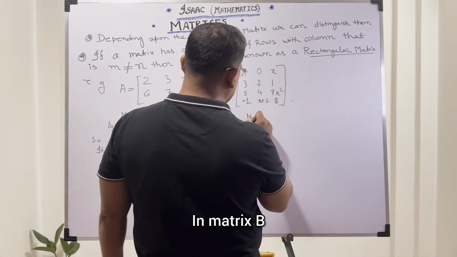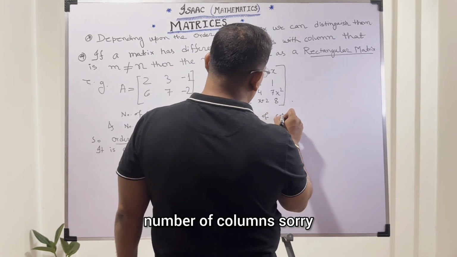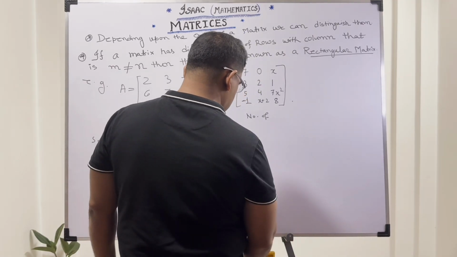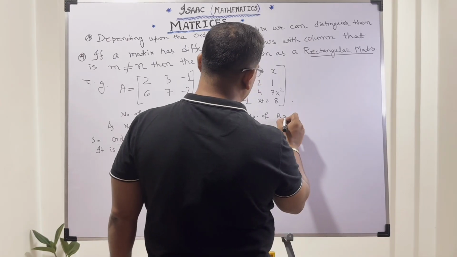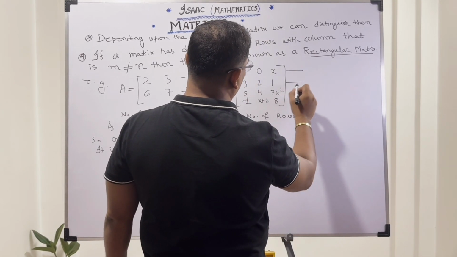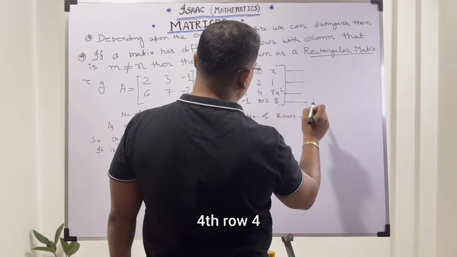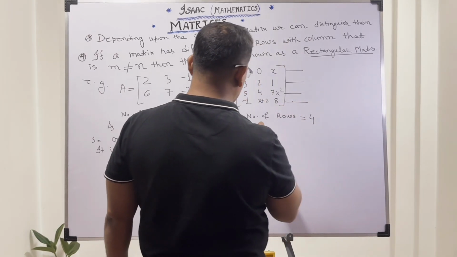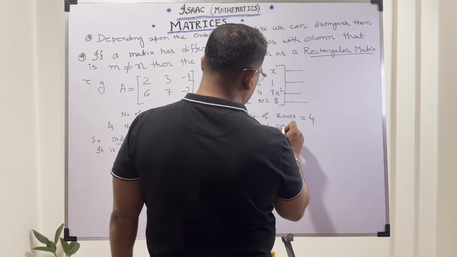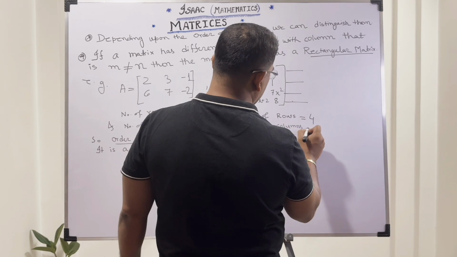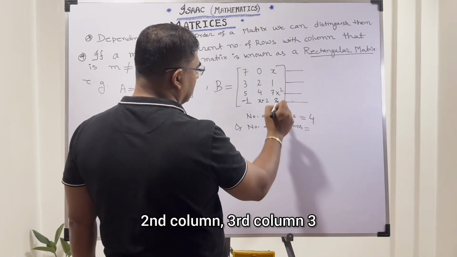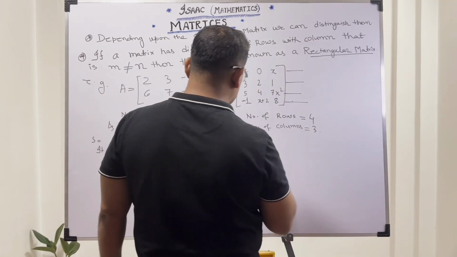In matrix B, number of rows equals to first row, second row, third row, fourth row, 4, and number of columns, first column, second column, third column, 3.